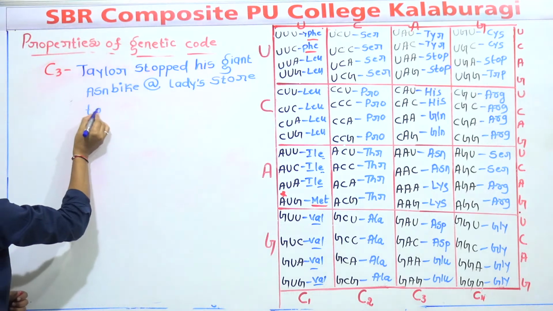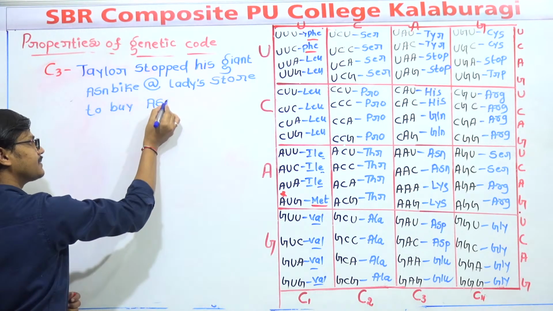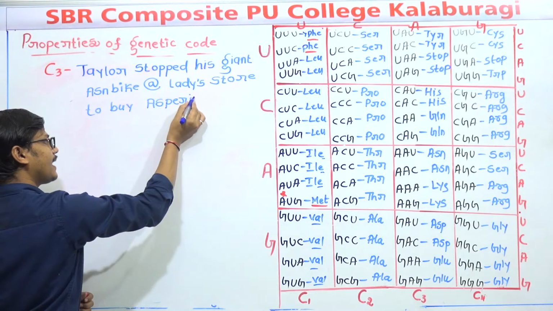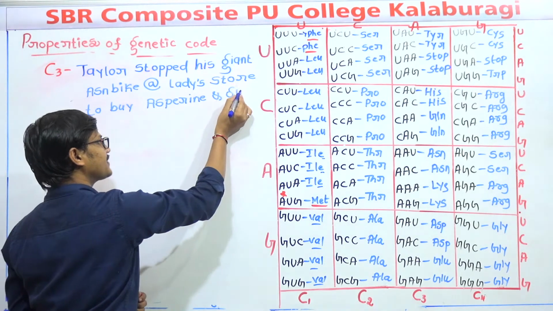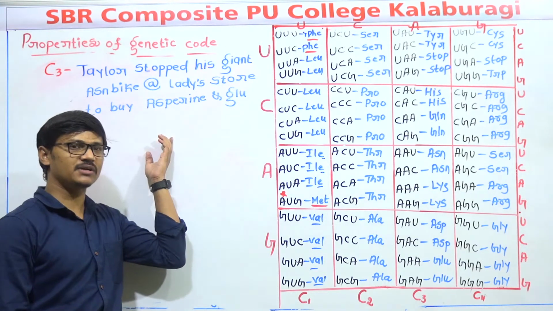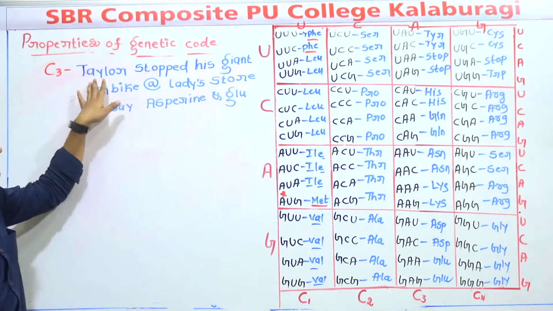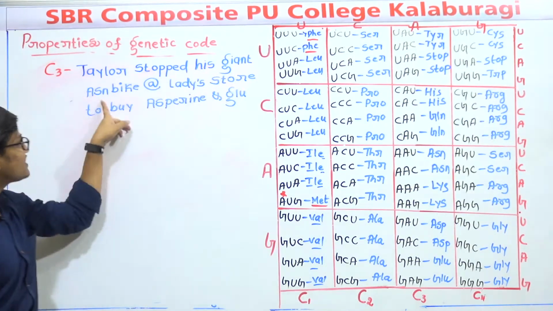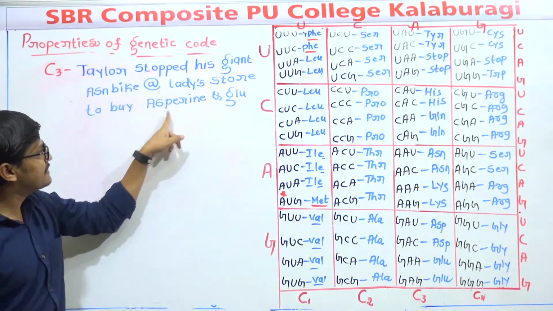To buy aspirin tablet, and glue, or gum, you can say gum or glue. Okay, this is a trick we can use to remember the amino acids of the third column. Taylor stopped his giant ASN model bike at a ladies' store to buy aspirin tablet.